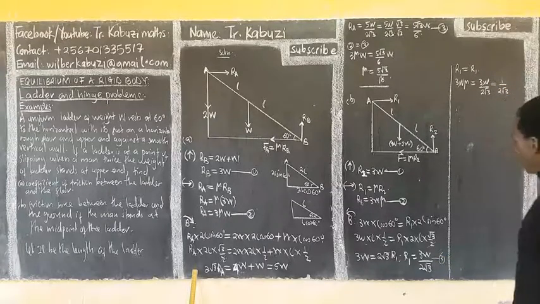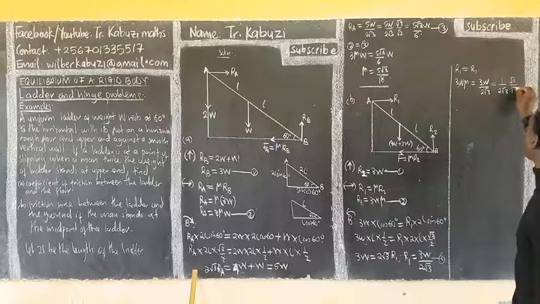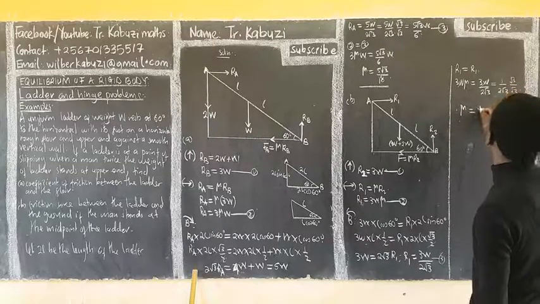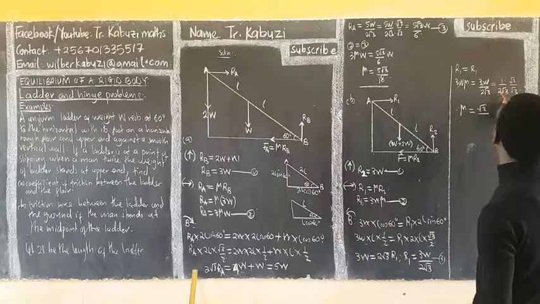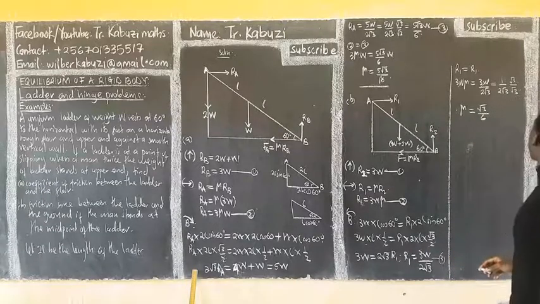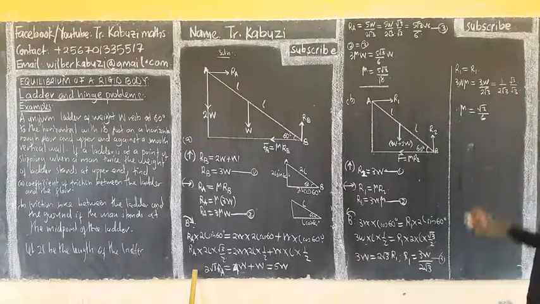From there, what is going to happen is just to rationalize. So multiply root 3 up and down. So our mu there is going to be root 3 over 2 times 3, root 3 times root 3 we get 3, times 2, that's 6.